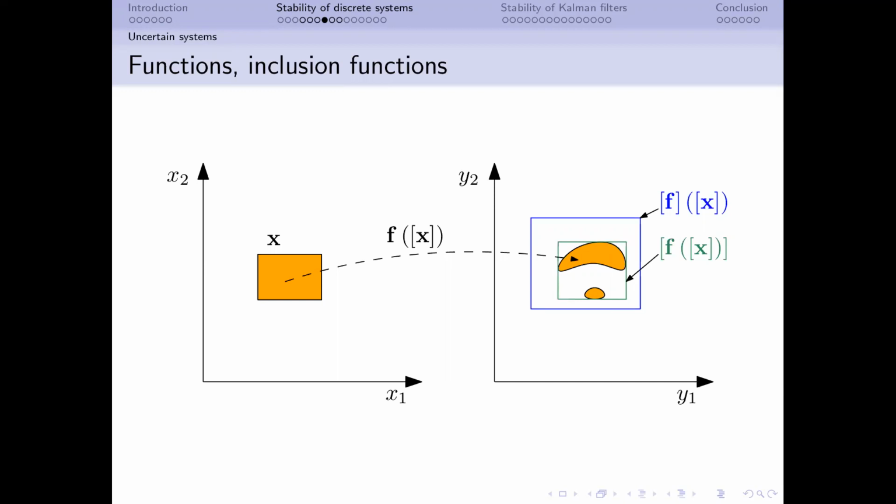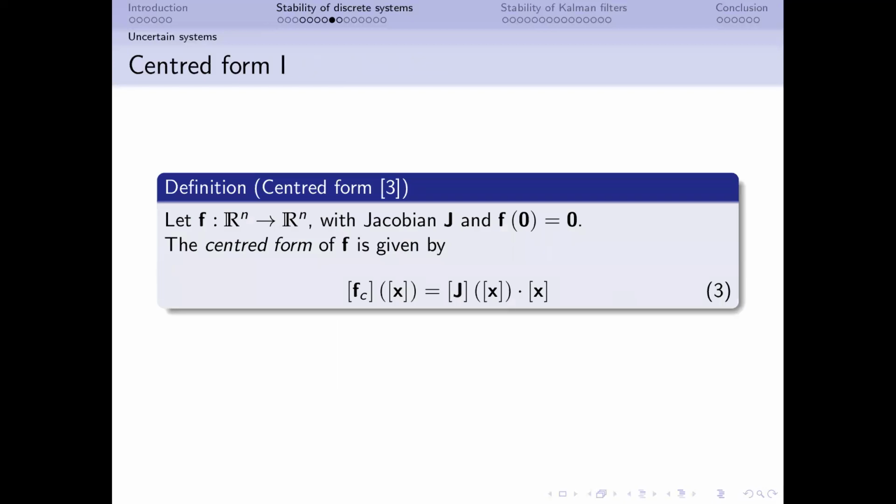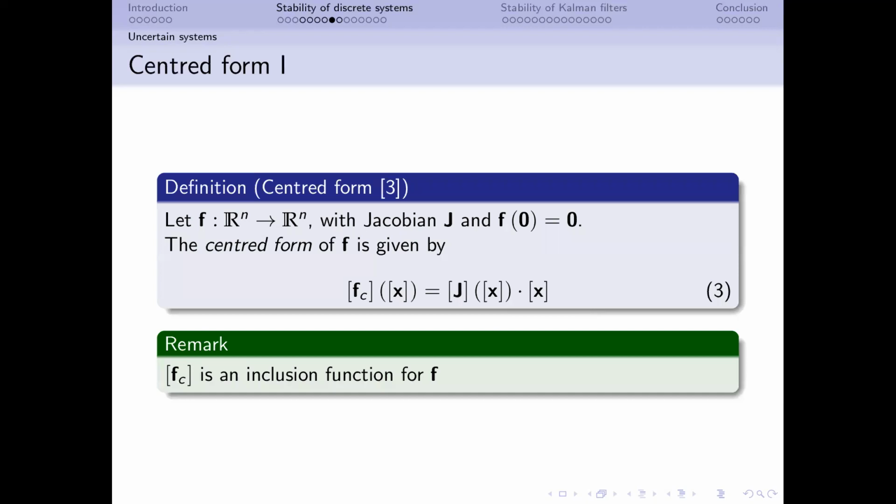So for that, we will use what we call the centered form, which is a way of building an inclusion function that will tend towards the minimal inclusion function if the box X, the state of the robot that is enclosed in the box, is small enough, meaning the width of the box is small enough. Here I recall the expression of the centered form. And as I said, the centered form is an inclusion function for f.